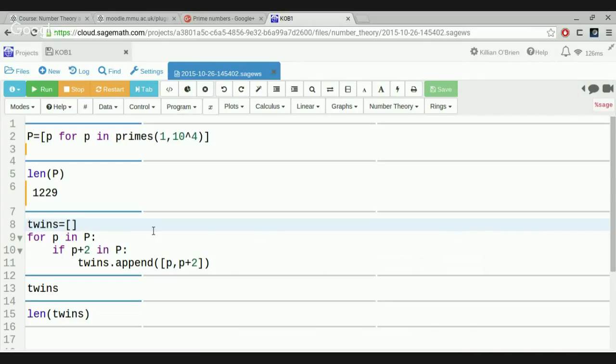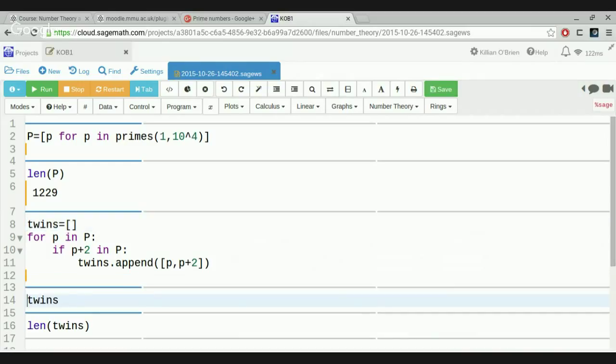We could do a little Python program here to find all the twin primes between 1 and 10,000. This little loop says for every prime number p in this set, capital P, that I have defined, if p plus 2 is also in P, then I append the pair p and p plus 2 to the list of twins.